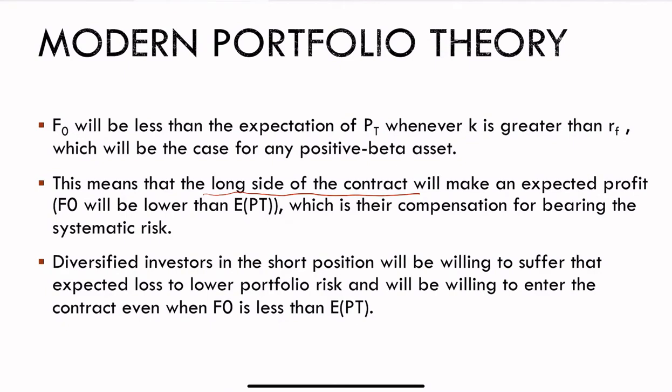And investors in the short position will be willing to suffer this loss to lower their portfolio risk, because they're taking a short position. If this underlying asset has a positive beta, then when you take a short position, it will have a negative beta. When you have a negative beta, you will be happy to accept a loss.